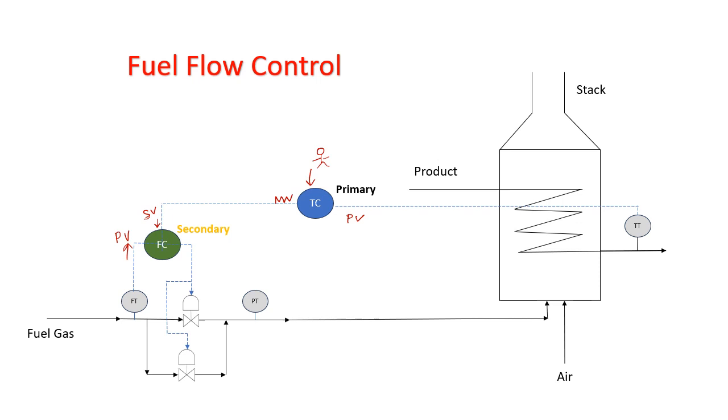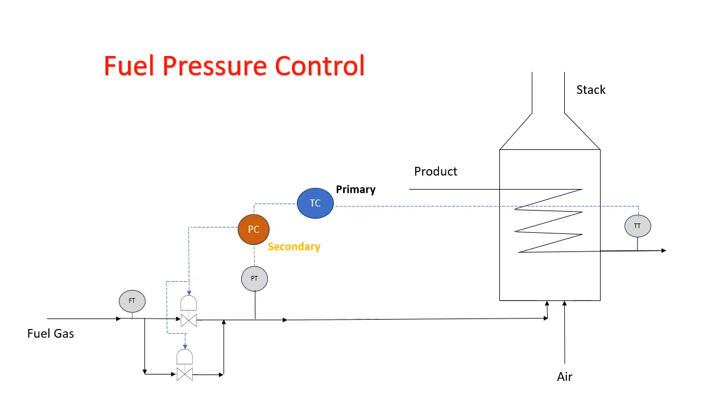And in this way, if there is a disturbance in the flow, it will get easily acted on by these two valves, right? So this is how it avoids the variation or cycling in the temperature output, or sluggishness in the temperature control. Another option is to use the pressure control.